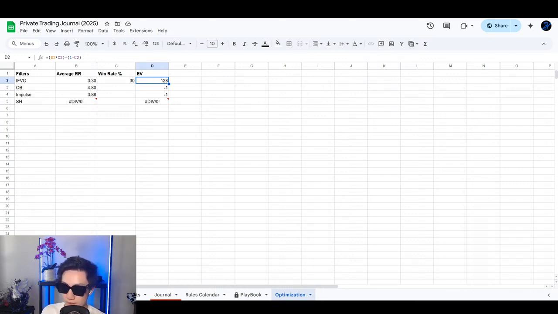So if you have a 30% out of 3.3, yeah. There we go. Yeah. So you have to have it in decimal format, which we have to convert here. So we have to convert this to the decimal format.